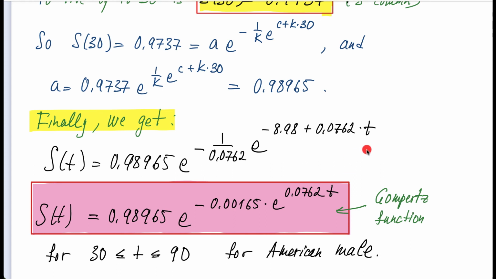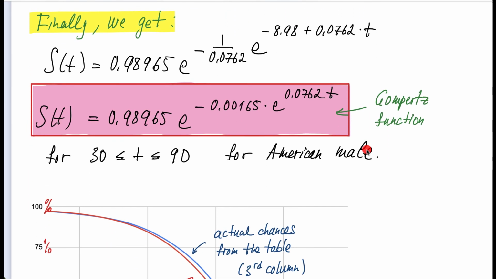So what we showed is that the assumption that the hazard function, or the death probability, follows the Gompertz law, or the exponential trend, implies that the survival rate will follow this Gompertz function, and we found the specific constants in this Gompertz function.